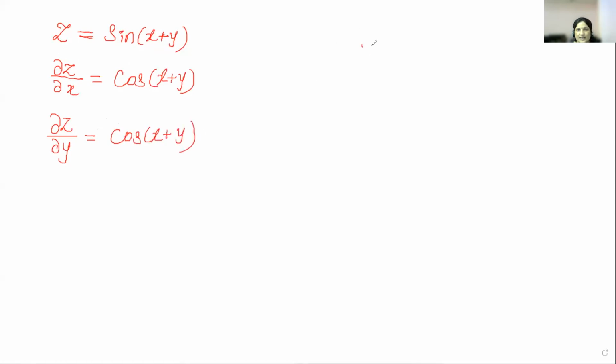Now if we are taking that z is equal to sine inverse of x by y, derivative of this function with respect to x and with respect to y. So look at this, dou z by dou x is equal to derivative of sine inverse of x upon y. Just consider this sine inverse of theta.